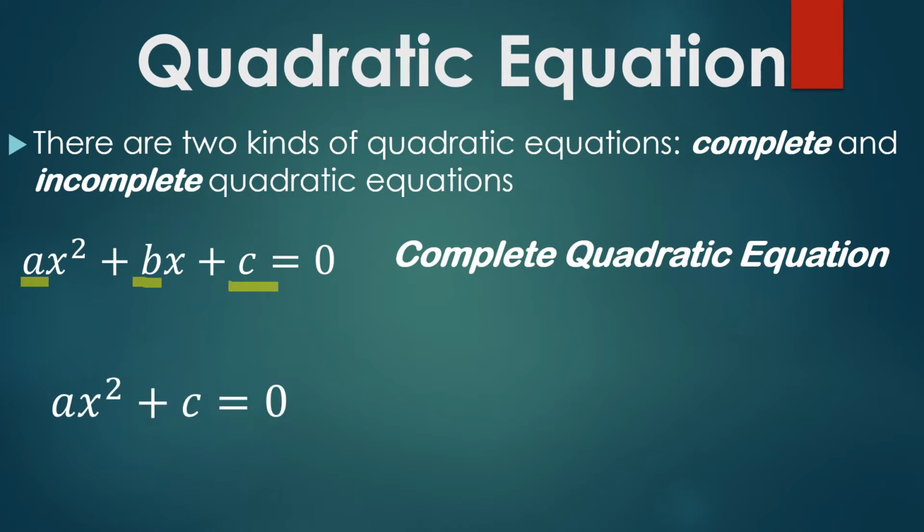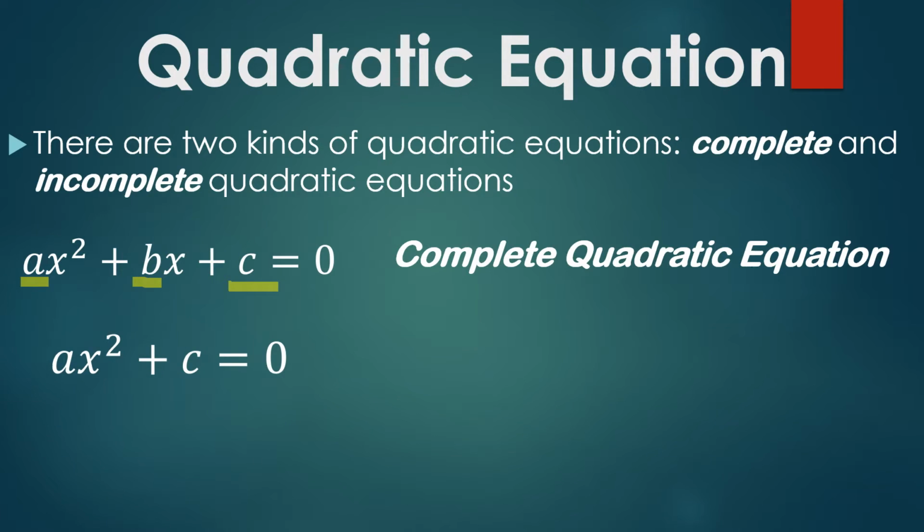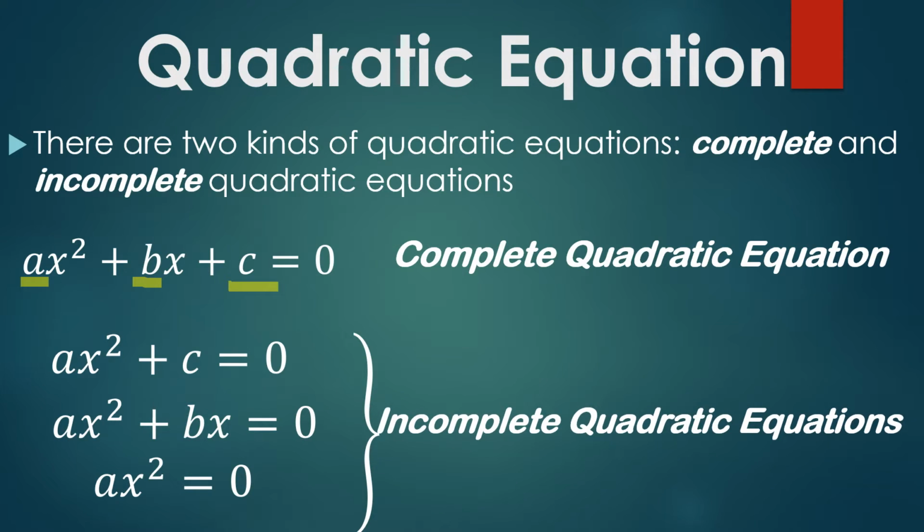But in this case, ax squared plus c is equal to 0, and the equation ax squared plus bx is equal to 0, and then ax squared is equal to 0, these are what we call incomplete quadratic equations.